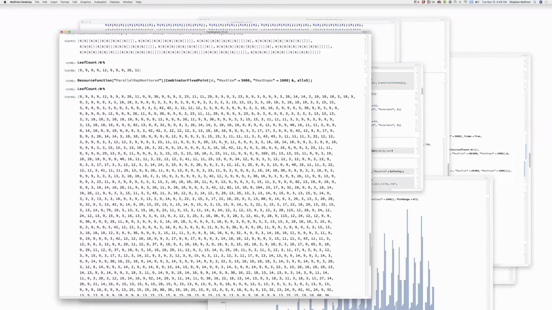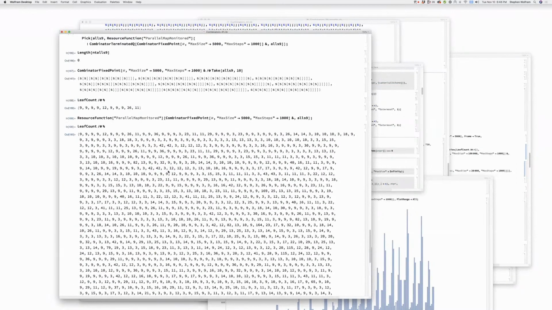Wait a minute. That peak down there is these failure objects. See what I'm saying? I bet that's what's happening here.